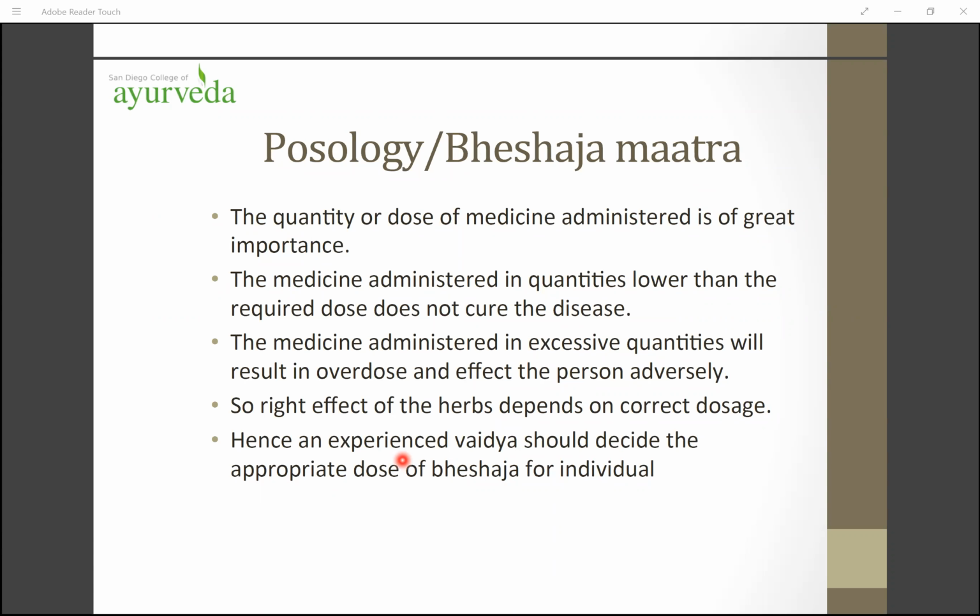So if you administer a medicine lower than the quantity that is required, then that doesn't really cure the disease. Similarly, if you administer a medicine in excessive quantities, that would have side effects, and that would affect the person adversely.